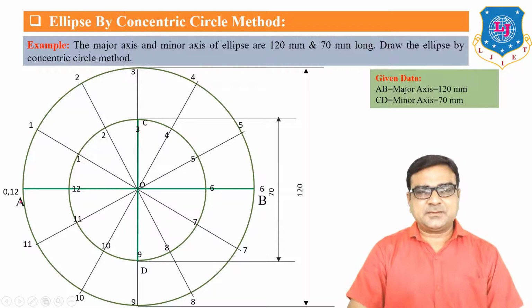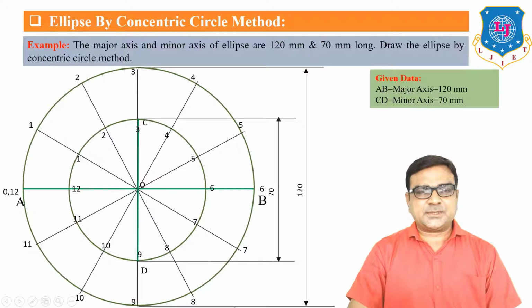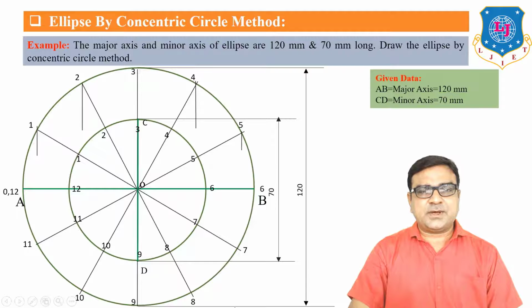So how do we get the points on the ellipse? In this method, we have to draw a vertical line from outer circle point 1 and a horizontal line from the inner circle. The intersecting point is a point of the ellipse. So first of all, draw vertical lines from 1, 2, 3, 4, 5, 6, 7, 8, 9, 10, 11 and horizontal lines from 1, 2, 3, 4, 5, 6, 7, 8.